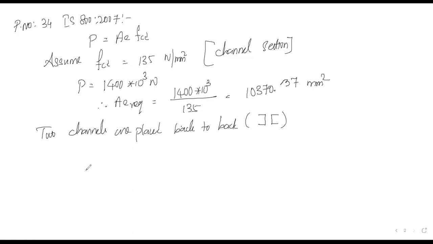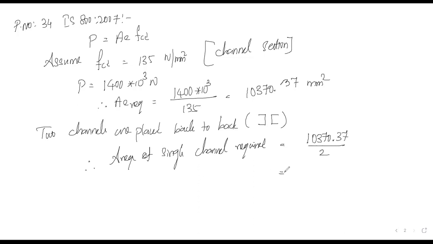Therefore, area of single channel required is equal to 10,370.37 divided by 2, such that we can have the value of 5185.19 mm square. So this is the area required for a single channel. Now we have to move to the steel handbook. From the handbook, we have to choose one section.